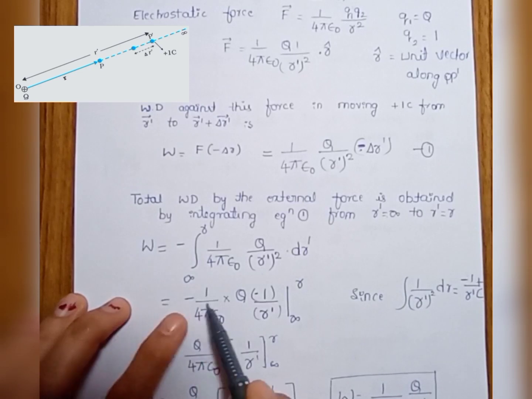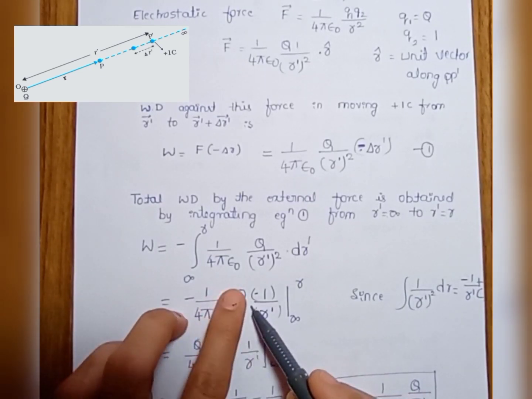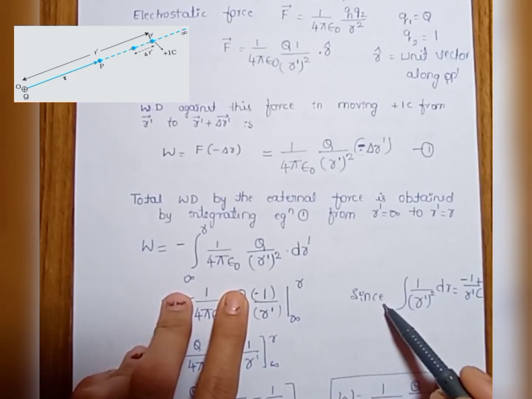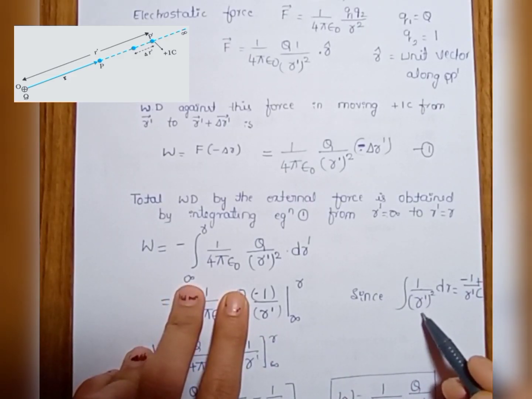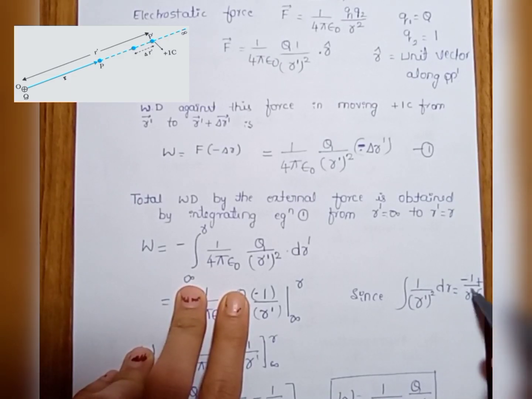Then this is equal to minus 1 divided by 4 pi epsilon naught into Q. And we know the integration of 1 divided by R dash whole square into dr is equal to minus 1 divided by R dash plus an integration constant.